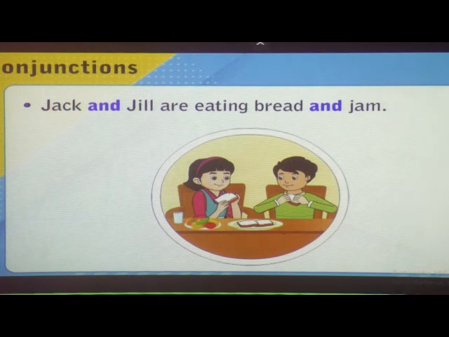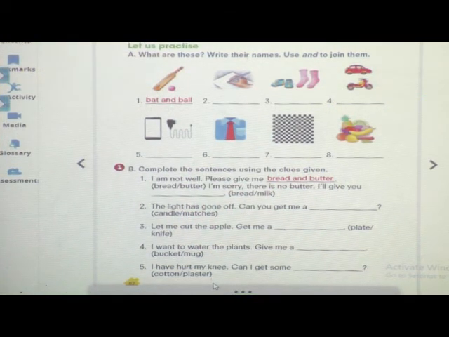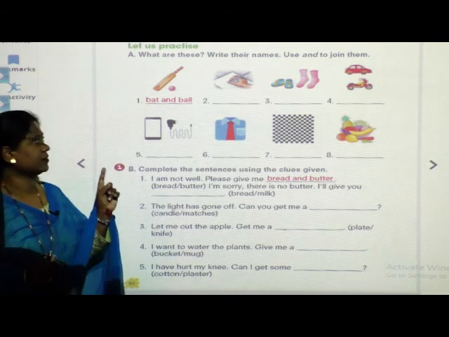Okay, children, have you understood when to use and? Yes, children, now you have to take out page number 82. Here are some exercises, so we will complete this. Question A: what are these? Write their names, use and to join them. These are the pictures.